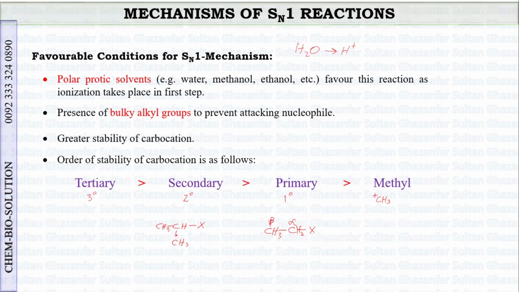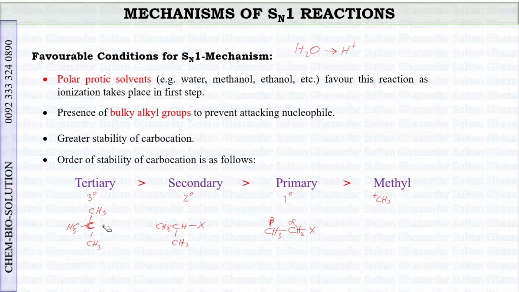It has two alkyl groups. And this is the tertiary alkyl halide if there are three beta carbon atoms. So 1, 2, and 3. This carbon atom is a 3-degree carbon atom because it has 3 beta carbons, or it is further bonded with 3 other carbon atoms.